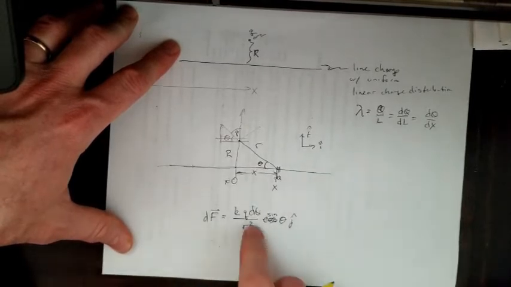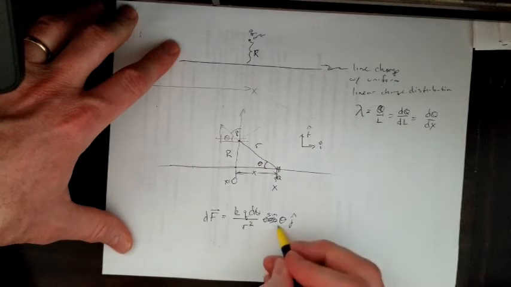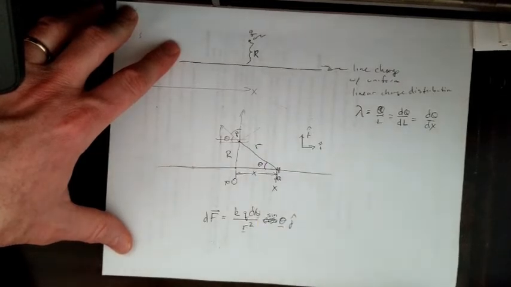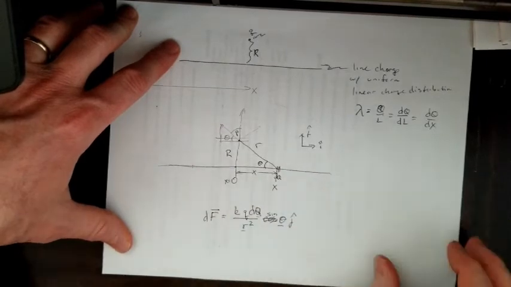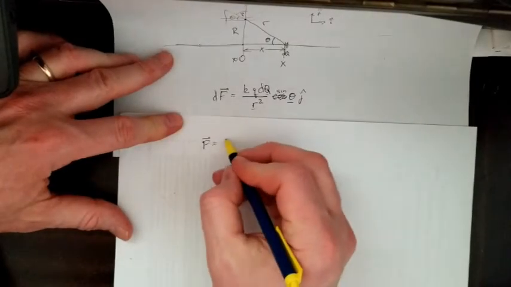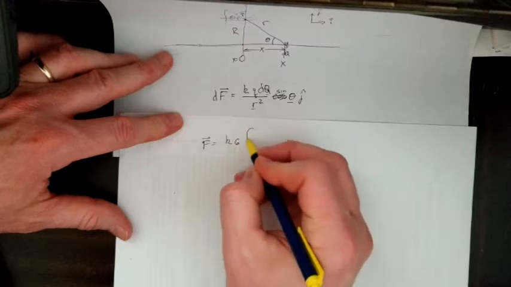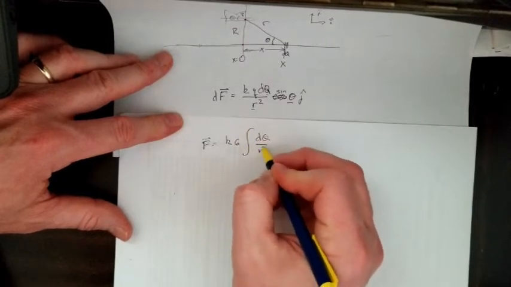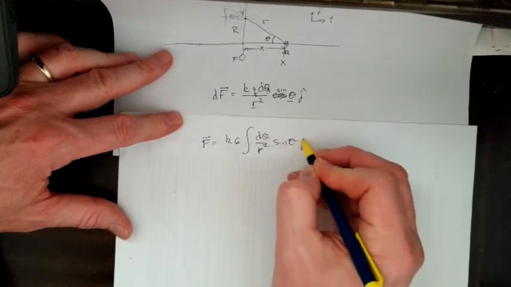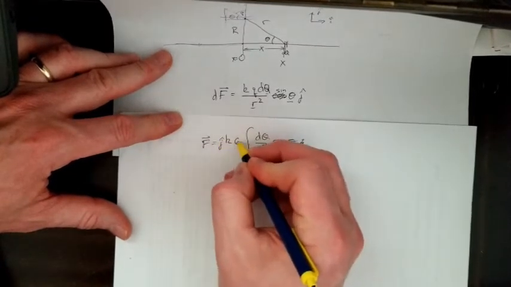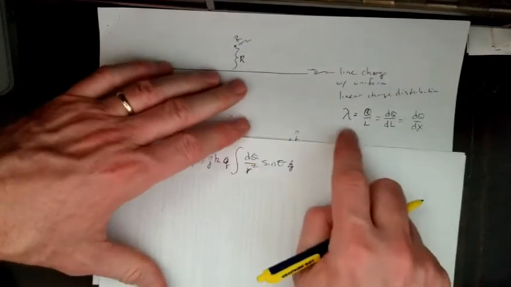And so we now have three variables here, so we need to get this all in terms of a single variable. And so F equals KQ integral dq over r squared sine theta j hat. Oh, j hat can come out.